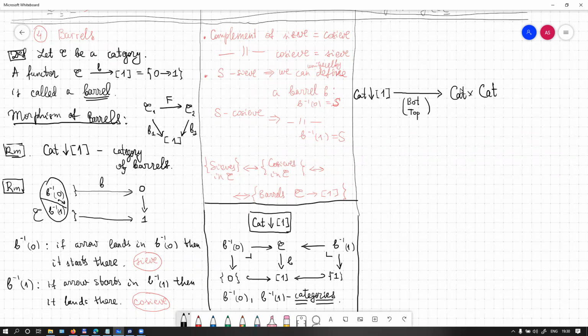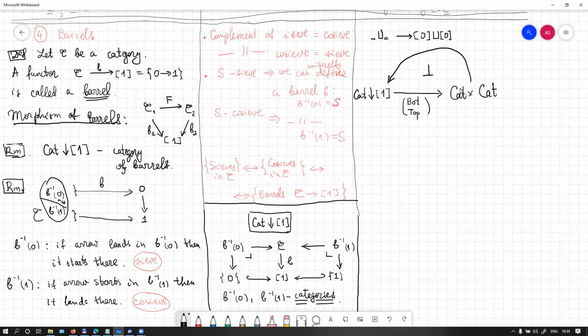Cat cross Cat. There is another, inverse operation that will be left adjoint to this one. This will be the operation of coproduct. So you are taking two categories. You are mapping these two categories to the trivial category of one object, 0.